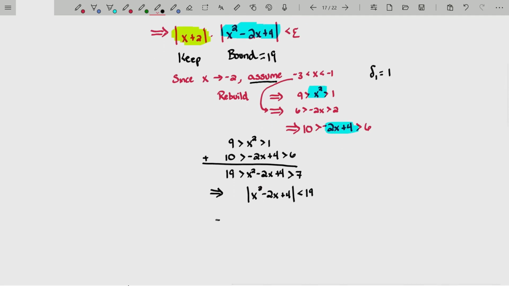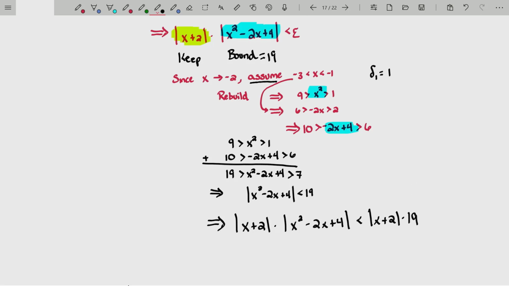So what I'm going to do is say that means that the absolute value of x plus 2 times the absolute value of x squared minus 2x plus 4 is less than the absolute value of x plus 2 times 19. Because again, in the worst case scenario, it grows to 19. That's the worst case though. It's usually less than that.